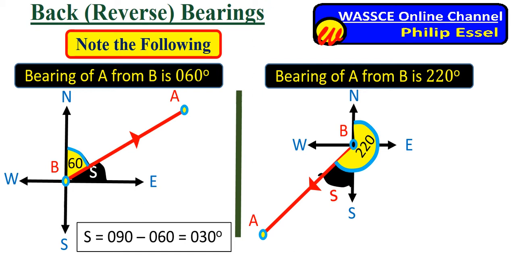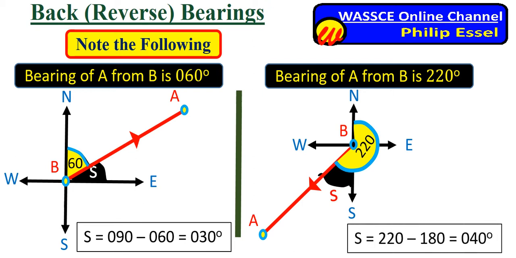You simply need to subtract 180 degrees from 220 degrees to get the value of that angle. So let's do that quickly. So that angle marked S would be 40 degrees. Let's try example 3.